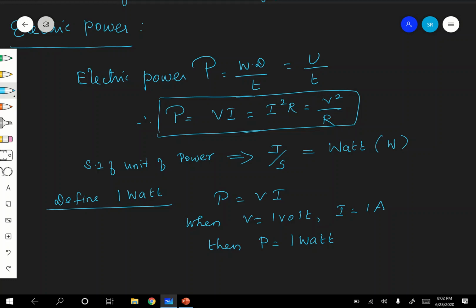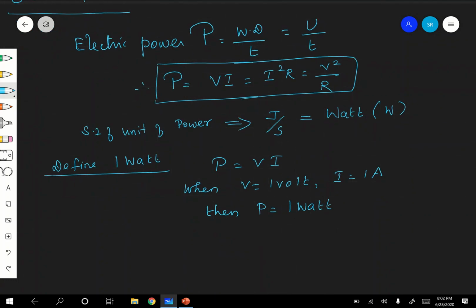Therefore, you can say the power of an electric circuit is said to be 1 watt if 1 ampere of current flows through it against the potential difference of 1 volt.